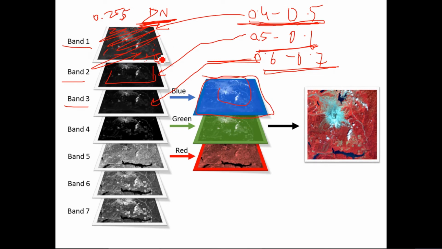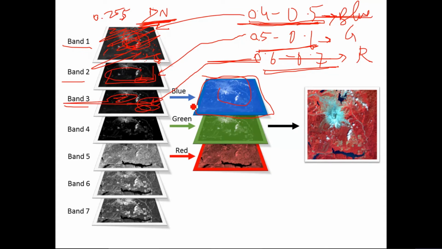So various brightness levels of DN are represented as various intensities of blue now. The second one I am assigning a green filter, and the third one a red filter. This one represents the red reflectance, this is the green reflectance, this is the blue reflectance. I am assigning similar filters to them now.